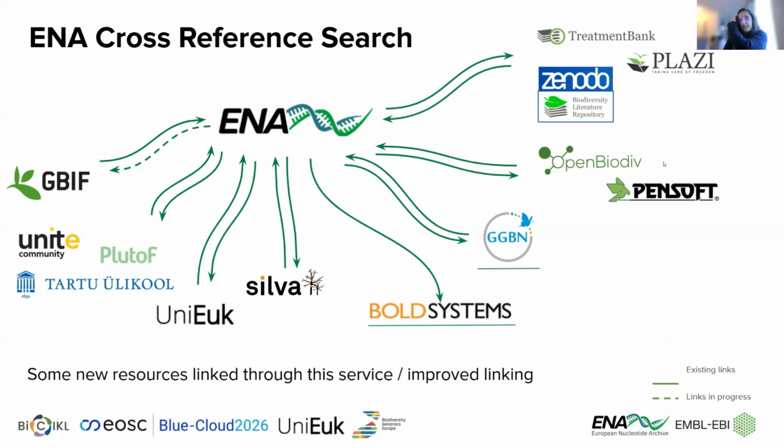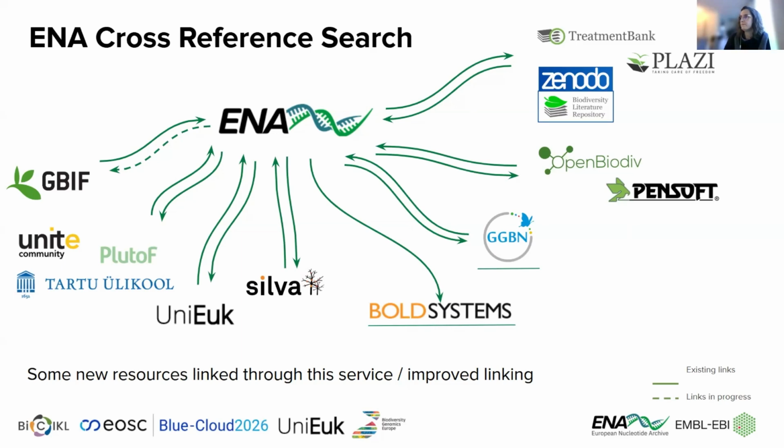We link to data publication platforms, and we have recently built links both with GGBN, the Global Genome Biodiversity Network, which allows linking of the sequence data with the biobanks where the samples are kept, and with the BOLD Systems, allowing us to link the sequences at ENA with the barcodes that are specifically submitted there.